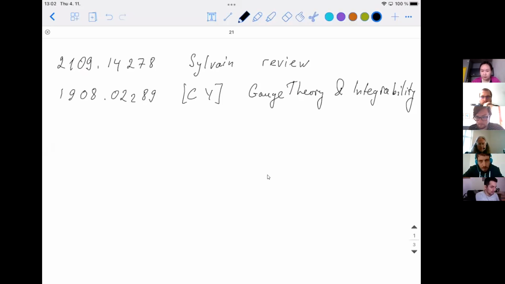I heard about this approach from Sylvain Lacroix's lectures at the summer school on integrability and duality. And I thought it's a really brilliant idea, and an almost effortless method to construct all those integrable field theories.